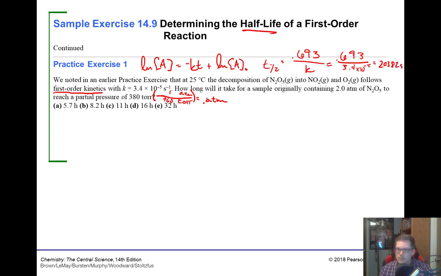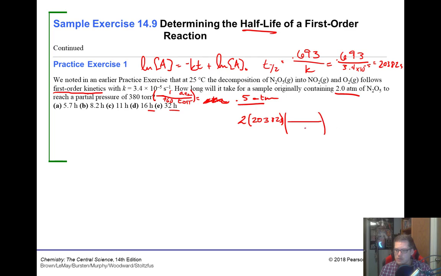Now, I didn't write down the final pressure equals 0.5 atmospheres. To go from 2 atmospheres to 0.5, we'd have to go through 2 half-lives, right? So we go from 2 to 1, that would be 1 half-life, and then from 1 to 0.5, that'd be 2 half-lives. They're giving the answers in hours, not seconds, so we need to convert.